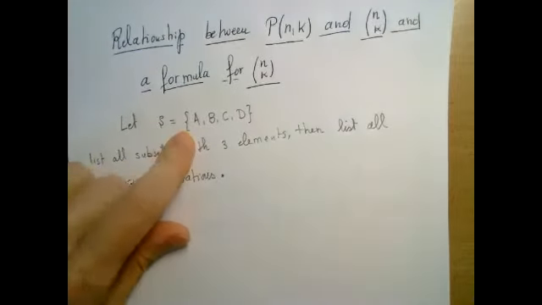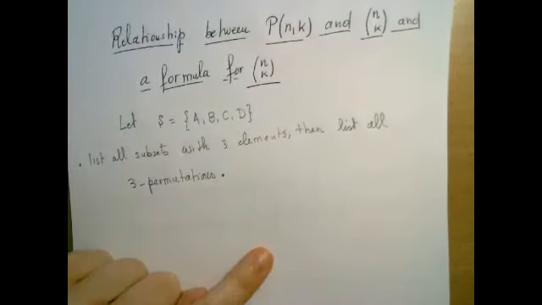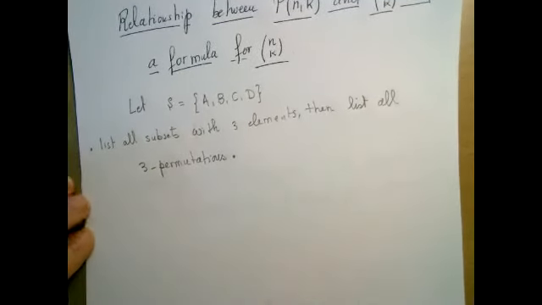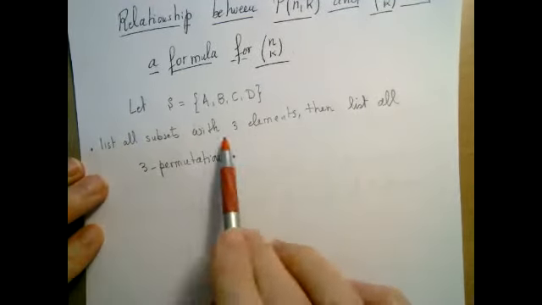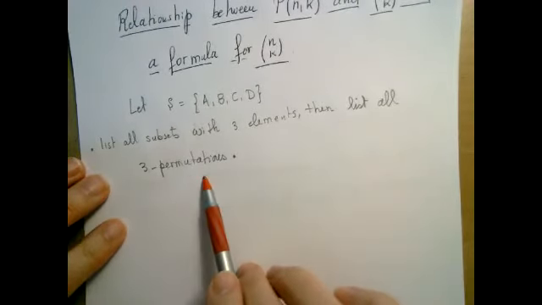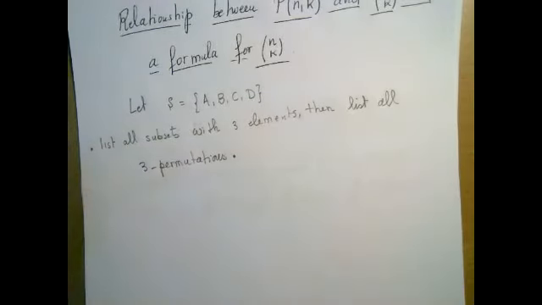So now we're going to do the following, so the picture becomes clear. I want to list all the subsets with 3 elements, then list all the 3-permutations and see the relationship between those. So let's do that.